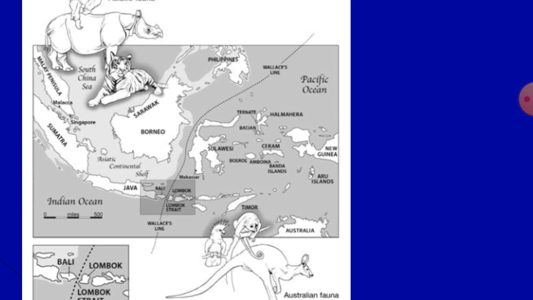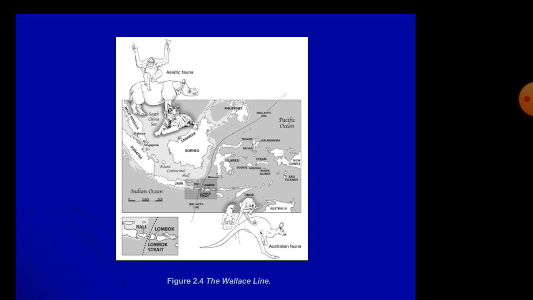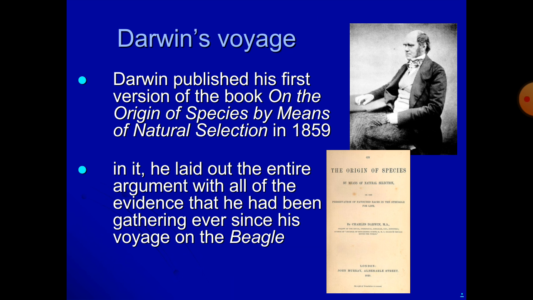While on this side, which is closer to mainland Asia, the animals resemble monkeys because monkeys could easily dominate this part and easily travel. And so he named this boundary the Wallace Line.